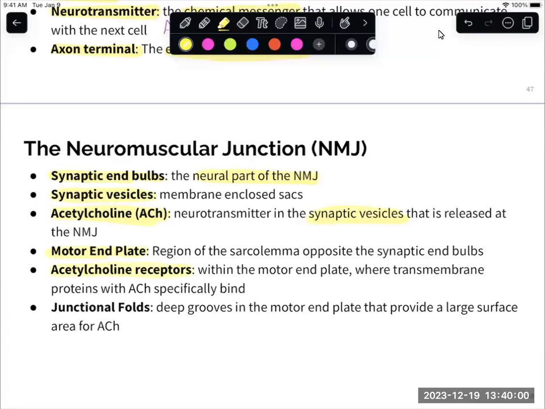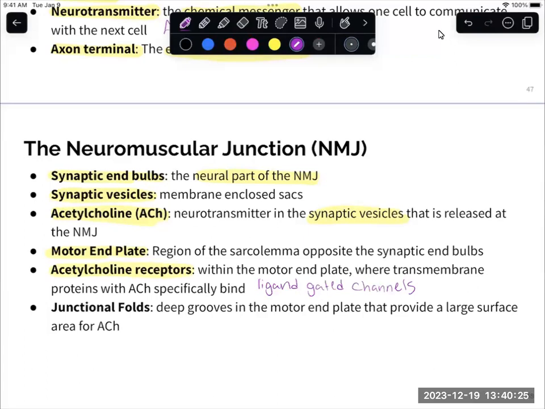These are ligand-gated channels. A ligand-gated channel is a channel where we need something to bind to that channel to cause it to open.